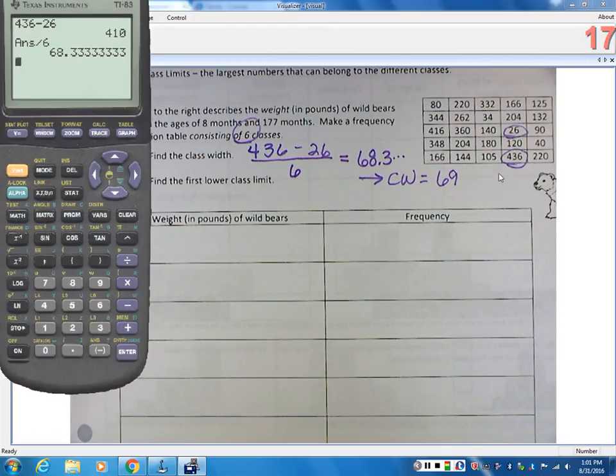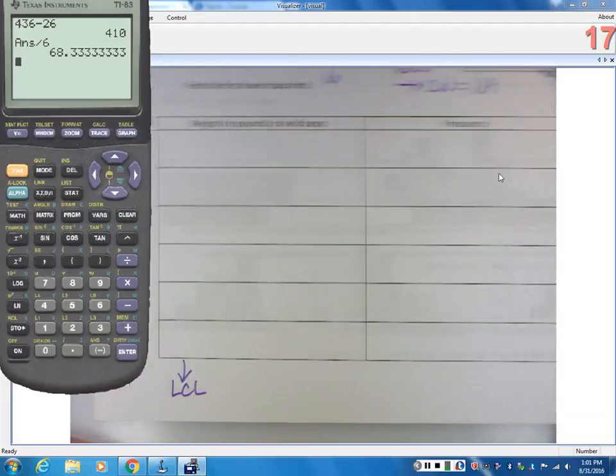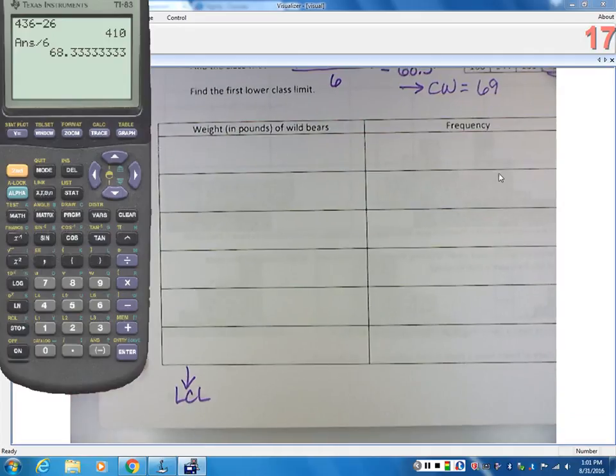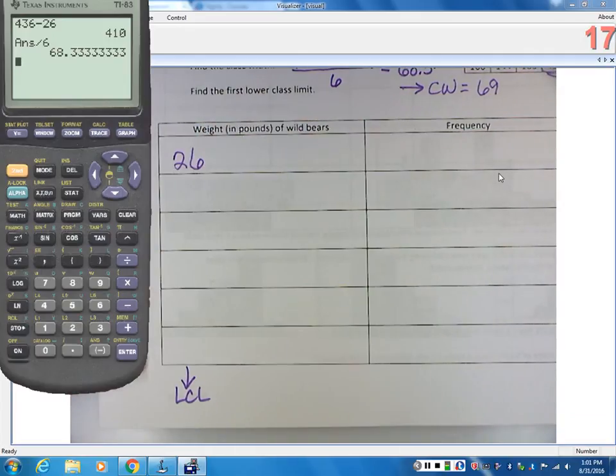When I make my lower class limits, that's going to be the first numbers that we enter. I'm going to start out with that smallest bear, 26 pounds.